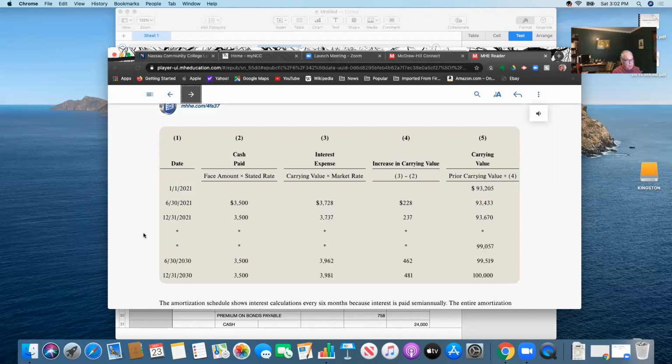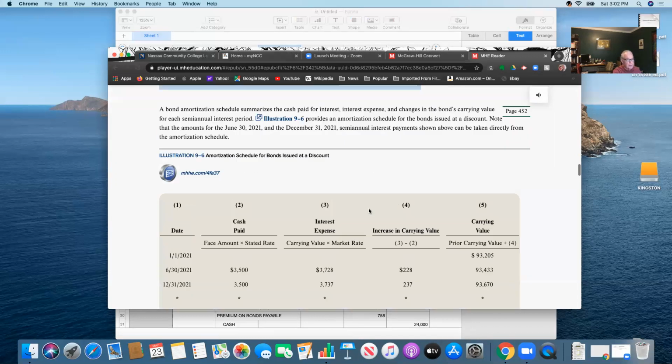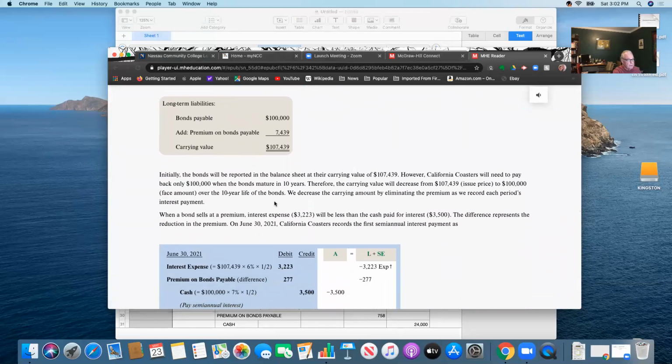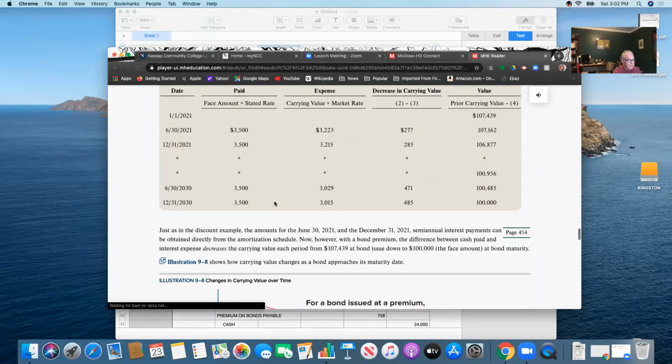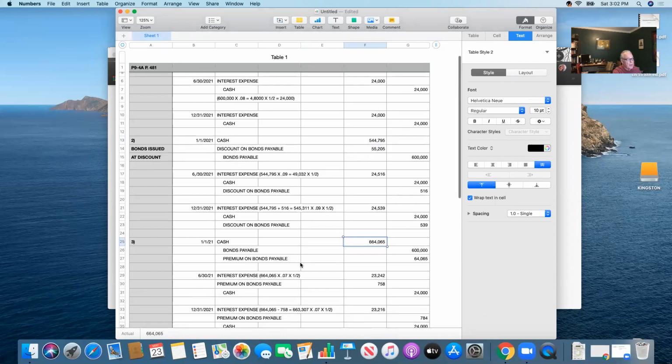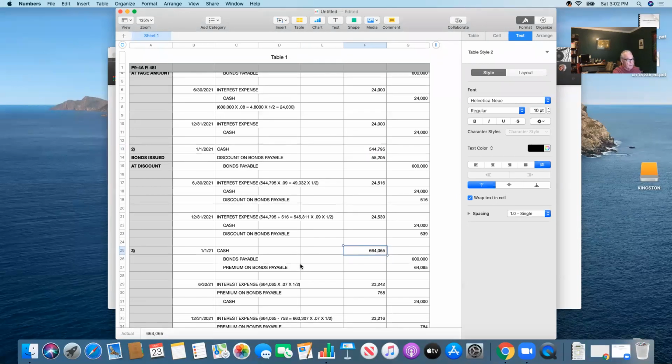So we have a problem to do for that. And then we have another problem where I'm going to show you how they calculate these numbers. See how they got this 93,205? See how they got this 104,739? In the homework, we got these numbers, 544,795, 664,065. I'm going to show you how you calculate those numbers.